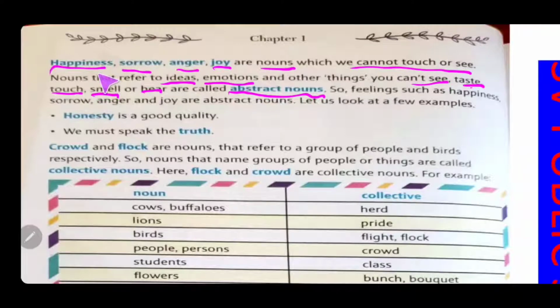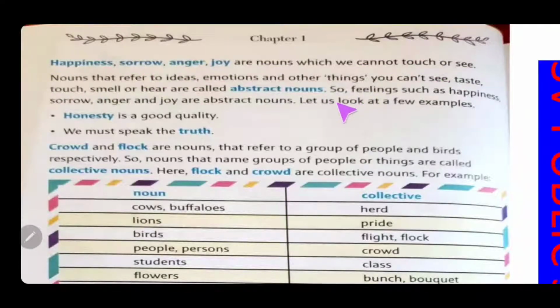Happiness is a noun, but can you see, touch, smell, or hear happiness? No, it is an emotion. So, happiness is an abstract noun. Feelings such as happiness, sorrow, anger, and joy are abstract nouns.